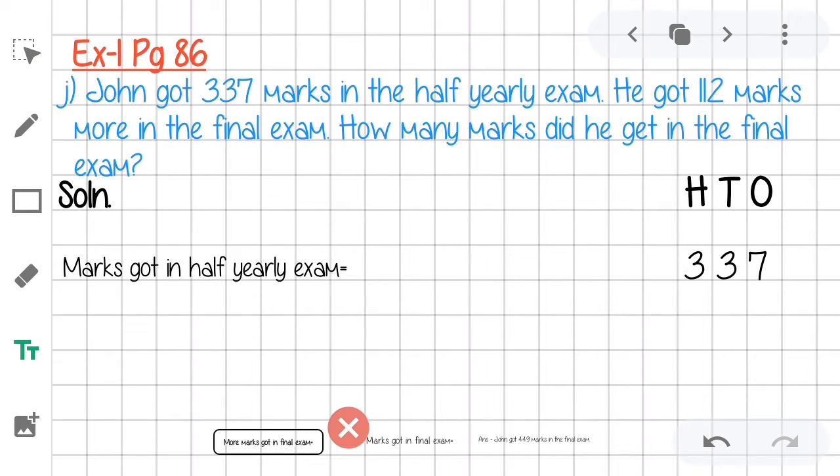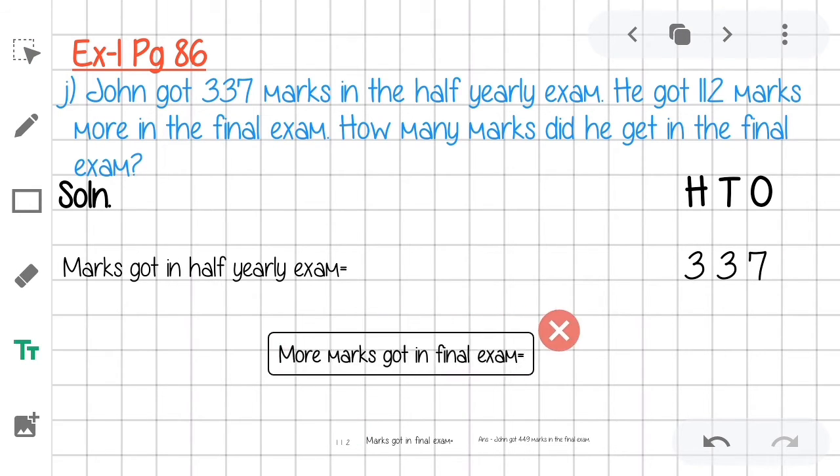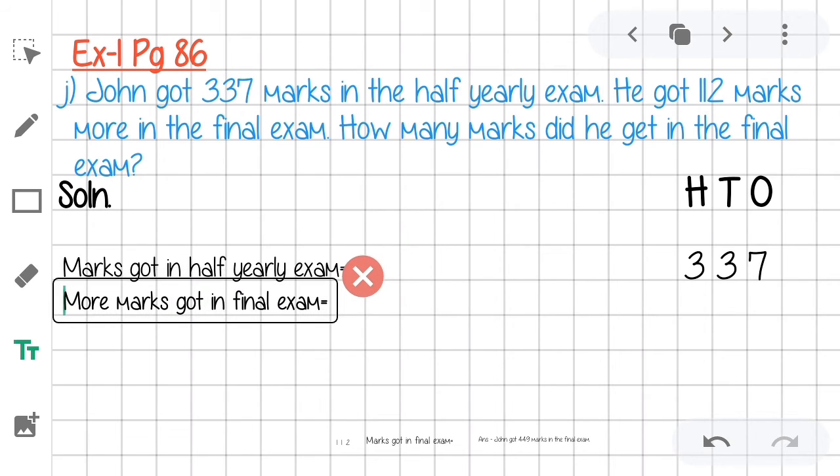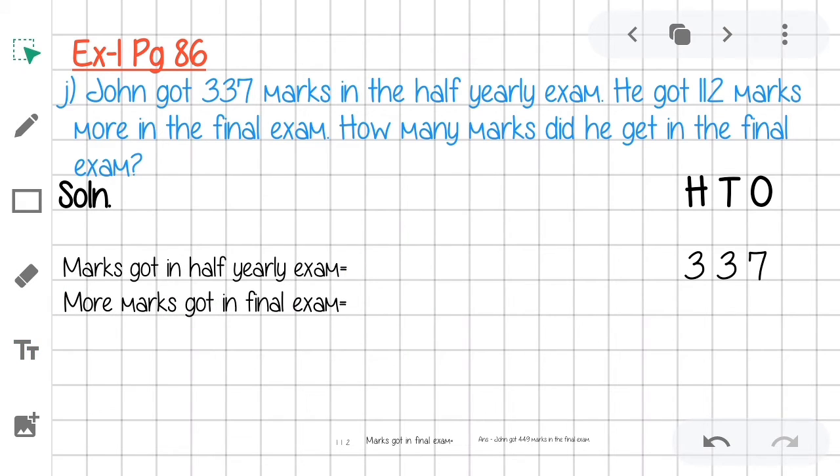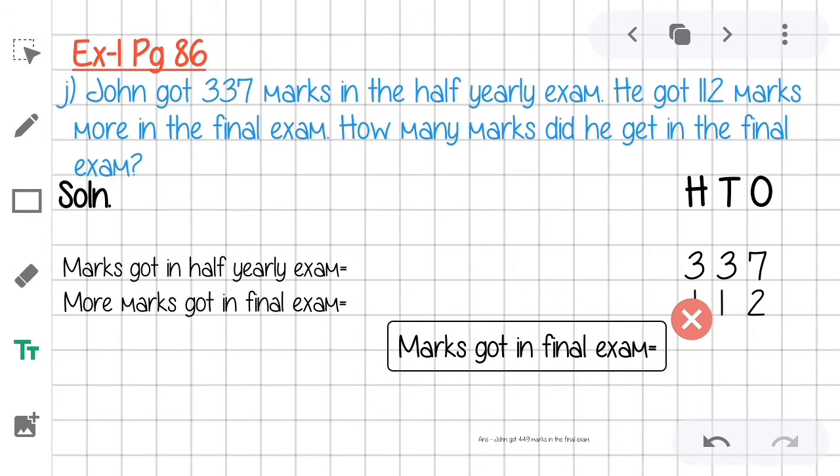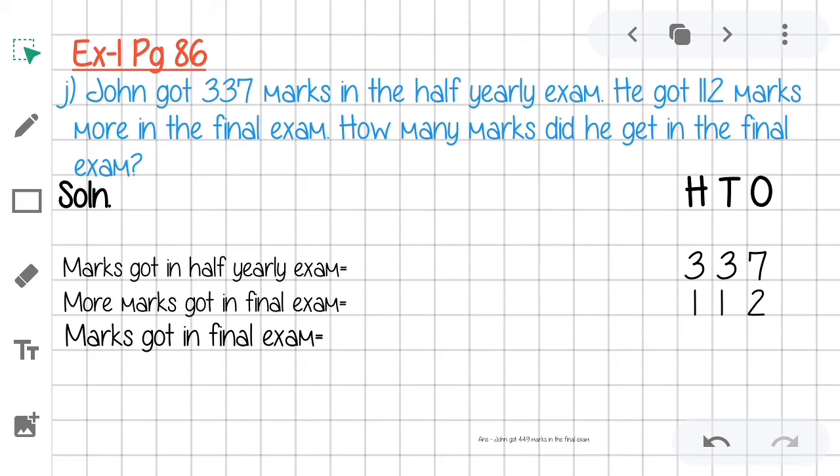The step will be: more marks got in final exam. So how many more marks did he get in the final exam? He got 112 more marks in the final exam. Now children, we have to find out how many marks he got in the final exam. So for that, the third step will be: marks got in final exam. That will be equal to, we will put a plus sign here.